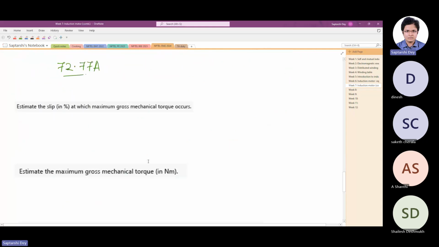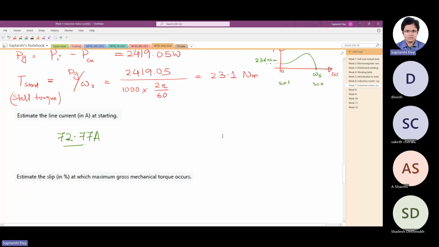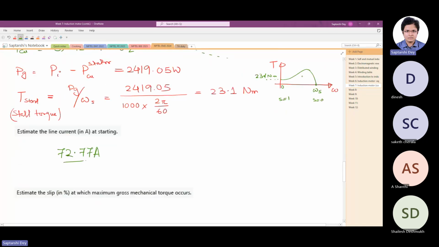Estimate the slip in percentage at which maximum gross mechanical torque occurs. So we have to find out this speed or this slip.